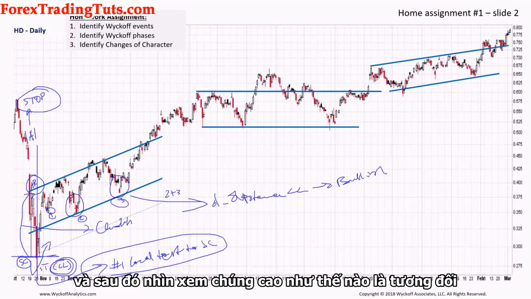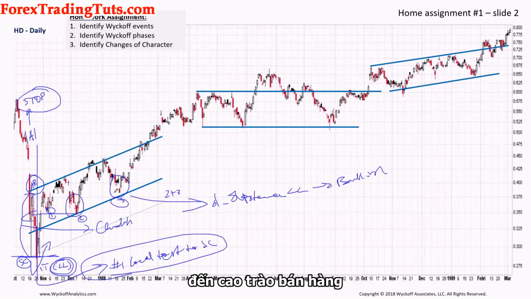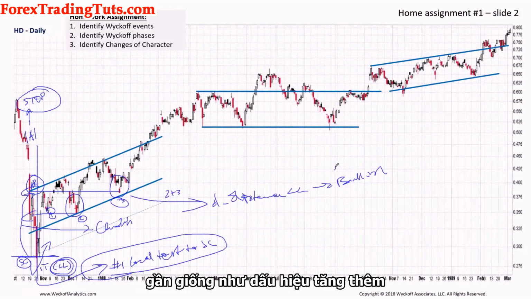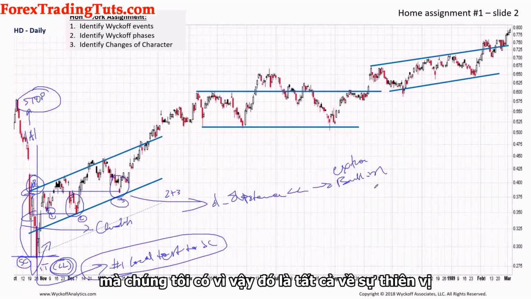And then look how high they are relative to the selling climax and relative to anything in phase A. So that's an almost extra bullish sign that we have. So that's all about bias.